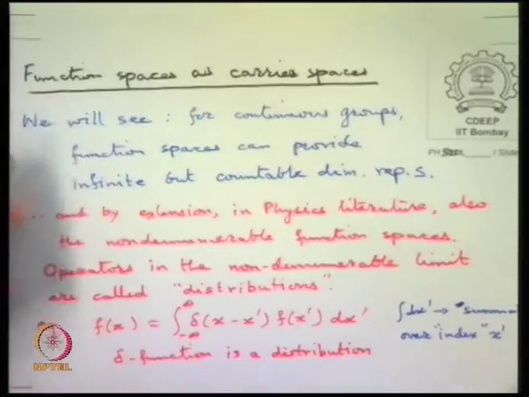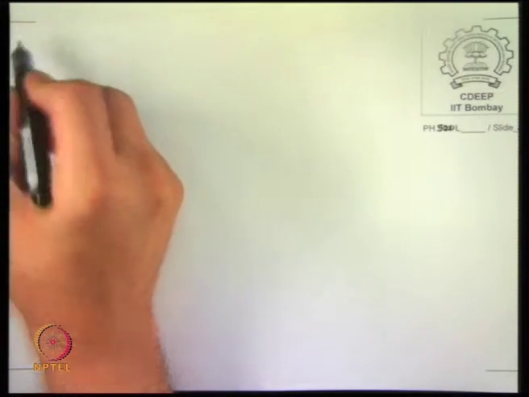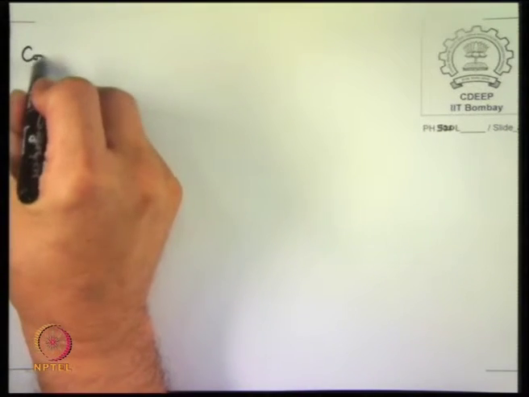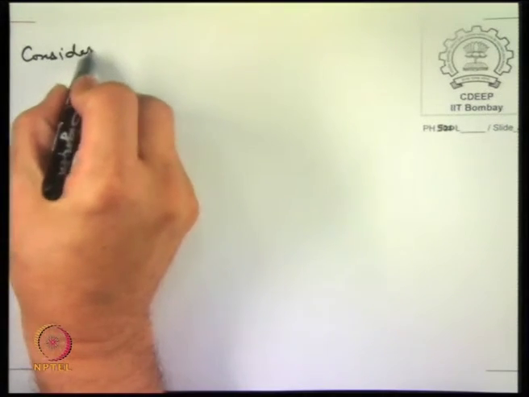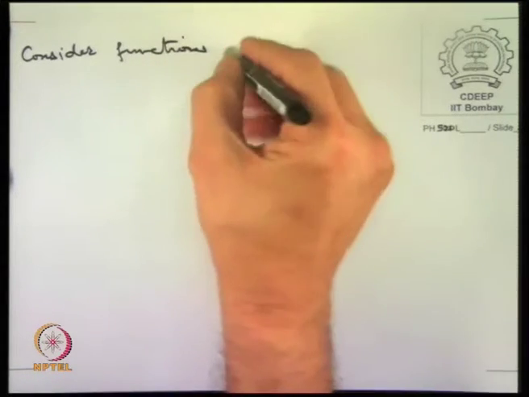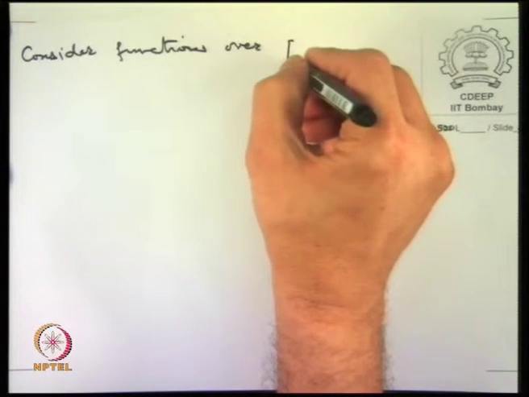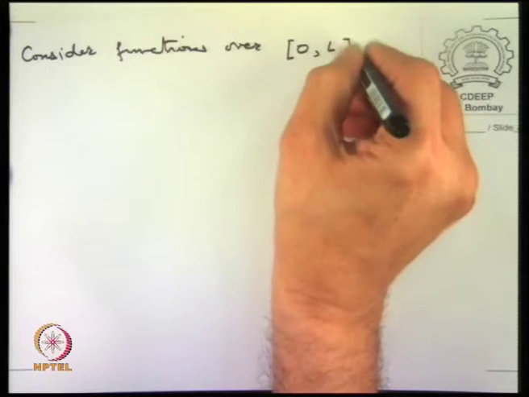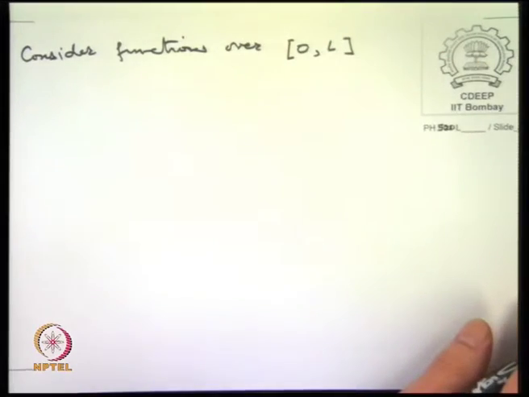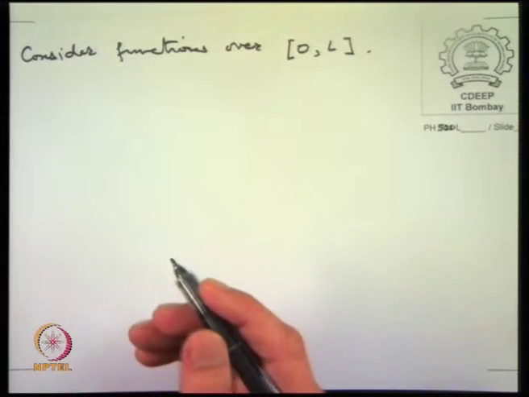So now we go back to this business, what is meant by function space. So let us consider functions over a definite interval, say 0 to L. These can be thought of as a vector space.